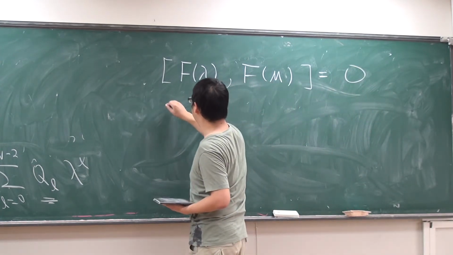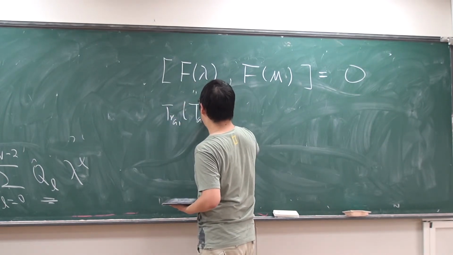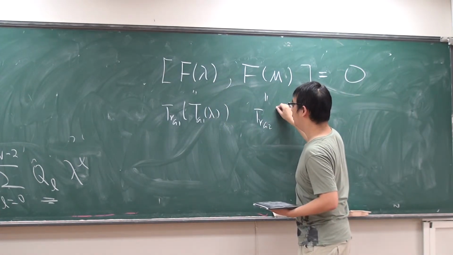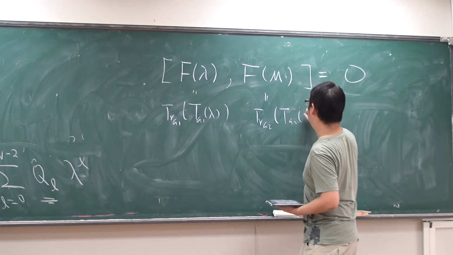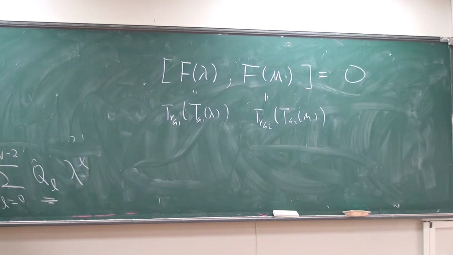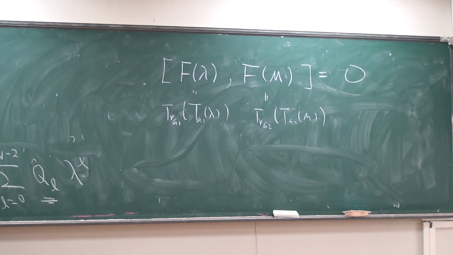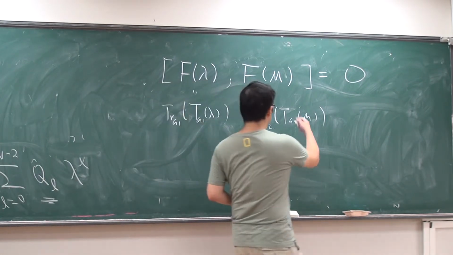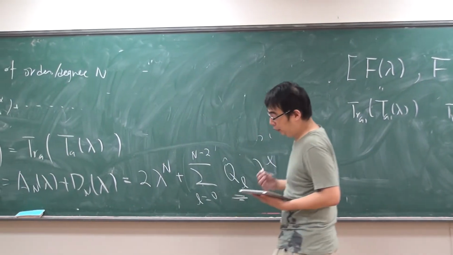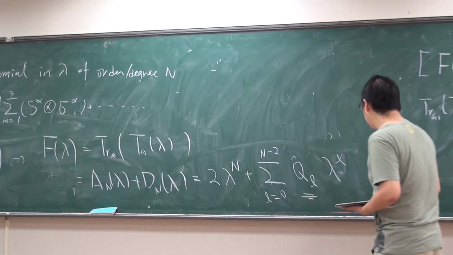You can imagine this is like a trace over A1 of T_{A1}(λ), and this is like a trace over A2 of T_{A2}(μ). Which are those generating functions. So each of those F(λ) and F(μ) are just some polynomial in λ and μ respectively, for arbitrary λ and μ.